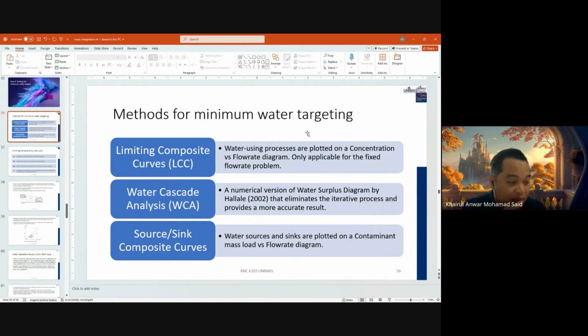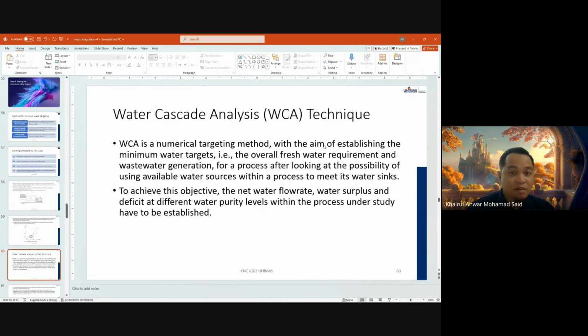Another curve type is the sourcing composite curve. This is for comparison of available effluent quality versus the required process quality. When to use it: to identify internal reuse, level 3 within the hierarchy, replacing fresh water, as compared to water cascade analysis.